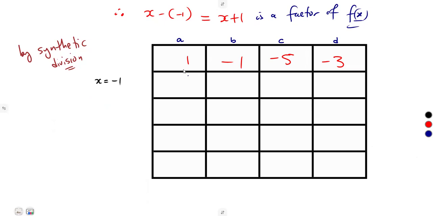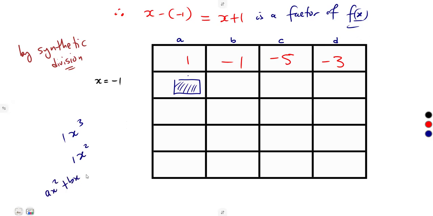The value of a of the cubic expression that you had before, I mean the coefficient of x cubed, which is 1. When you are to divide by the factor x plus 1, it follows that it is the same value that you are going to have on the coefficient of x squared. Remember, when you are to divide by a linear factor, you are going to obtain a quadratic.